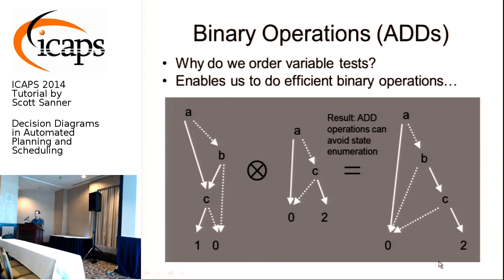What's the maximum number of nodes that I could produce in the resulting function? Can it blow up exponentially? Can I have m to the n or n to the m or something?